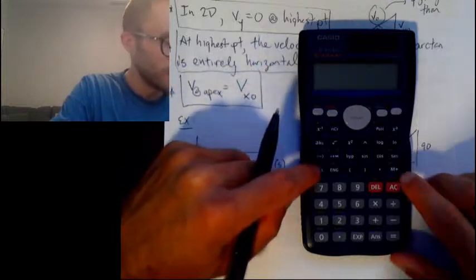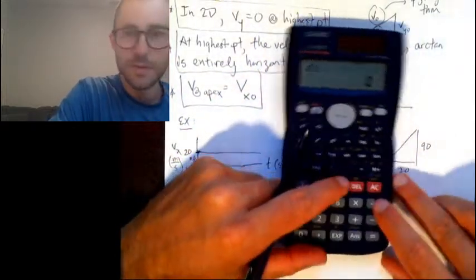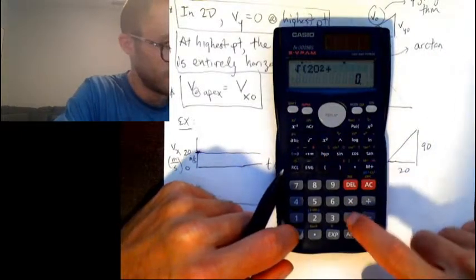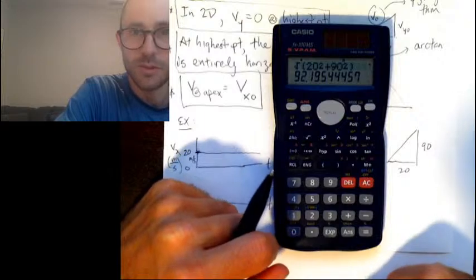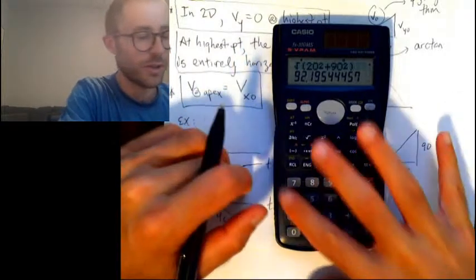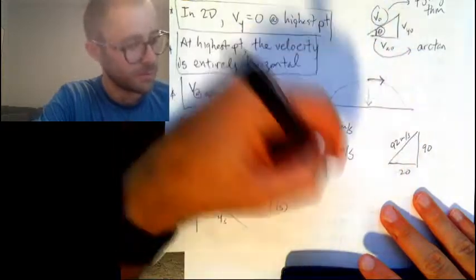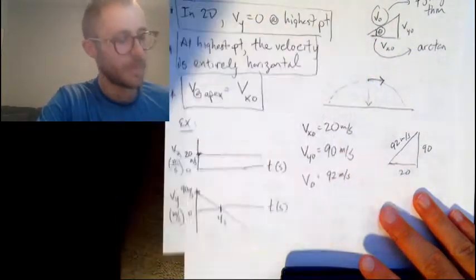So I'm going to do the square root of 20 squared plus 90 squared, which is 92 meters per second. So the launch speed is about 92 meters per second.